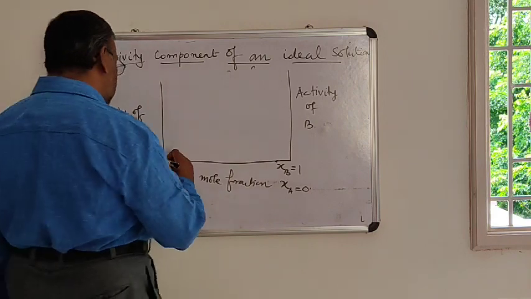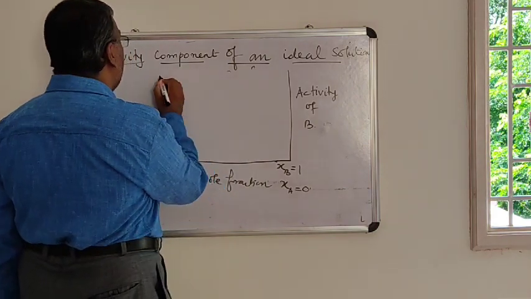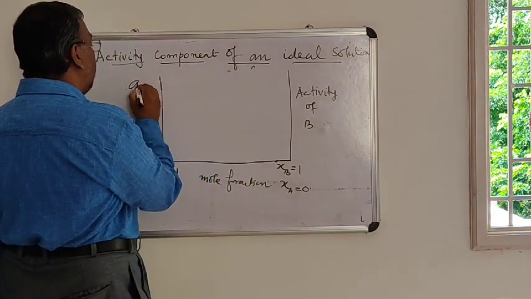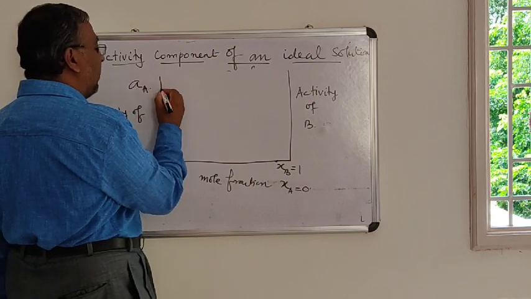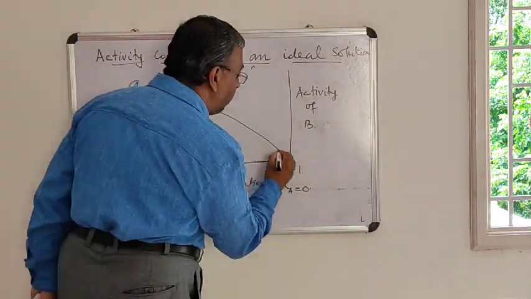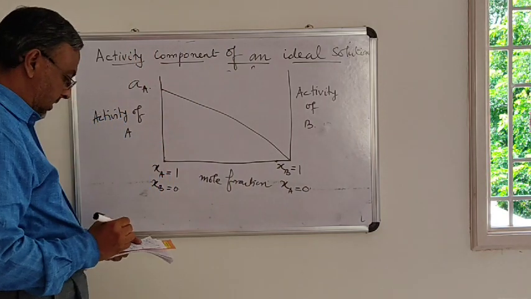See, this is the activity of component A. It goes on decreasing like this.